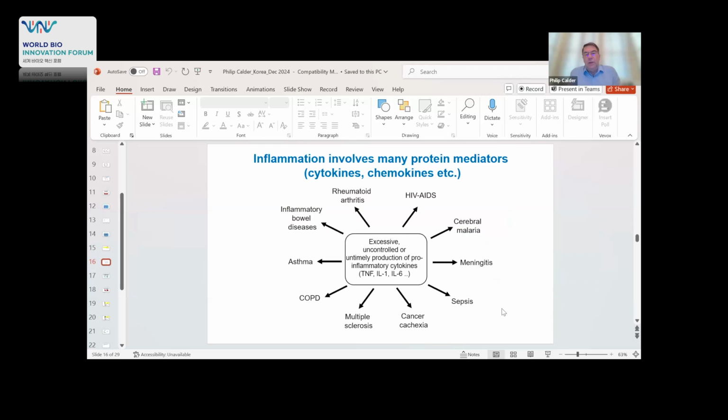But of course, inflammation is about more than lipid mediators. It involves many protein mediators like cytokines and chemokines. And cytokines like tumor necrosis factor, interleukin-1 and interleukin-6 are involved in all of the inflammatory states, both the high-grade inflammatory states and the low-grade inflammatory states that I mentioned before.